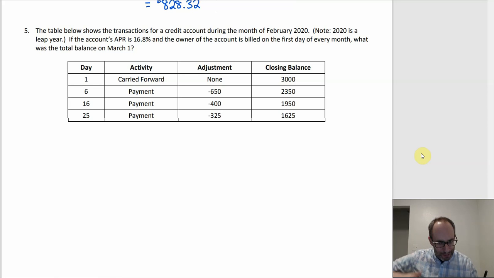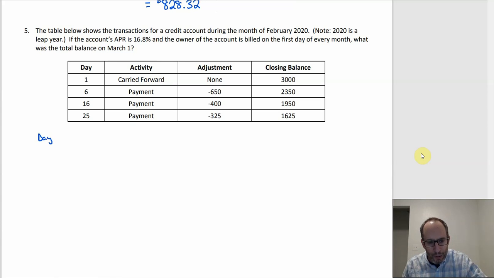Payment, payment, payment, just paying it down. All right, so the average daily balance, let's see here. So day 1 through 5, before that first payment, we've got 5 days, and we've got a balance of 3,000.